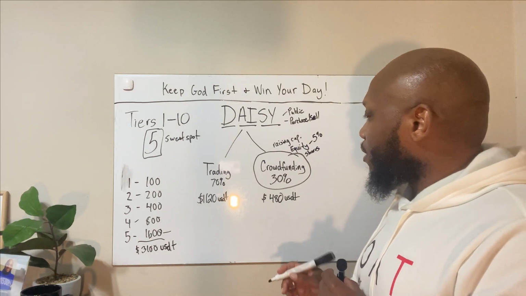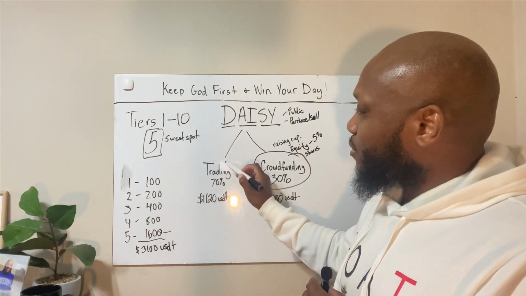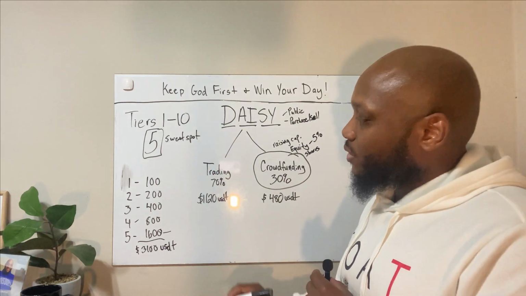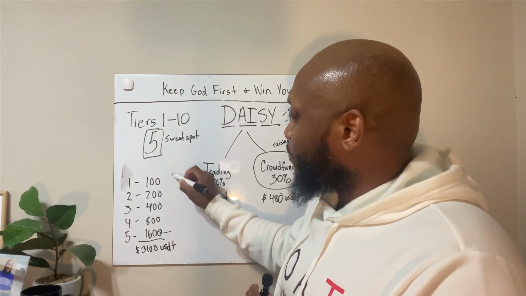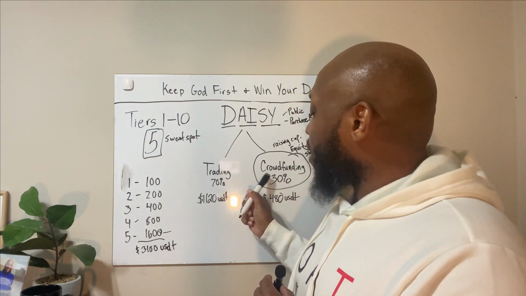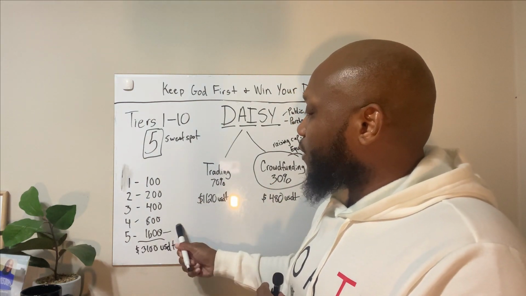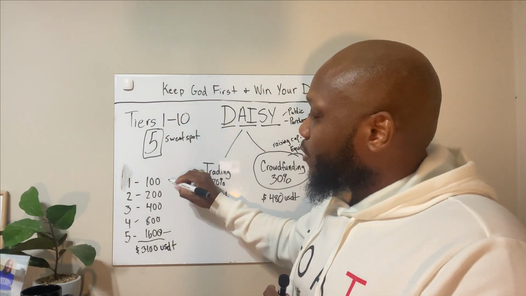Okay. So when you participate in the tiers, every time you make a contribution, your contributions, as we mentioned, get split up between trading and the crowdfund. And for the crowdfund, each contribution affords you a certain amount of tiers.